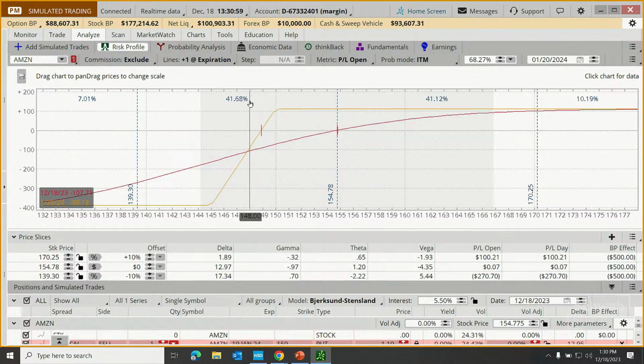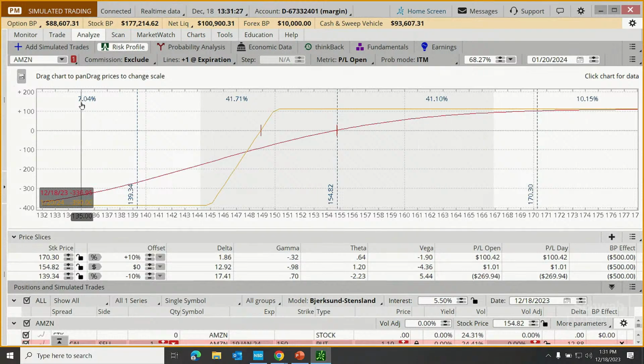There's a 41.7% chance that we land below 154.78, or current price, and 10% below. And there's a 7% chance that we are more than 10% below the current price. I suppose that's the easiest way to say that. 41% chance that we're above, but less than 10% above. There's a 10% chance that we're more than 10% above the current price on January 20th.